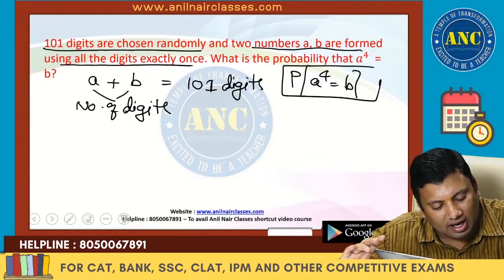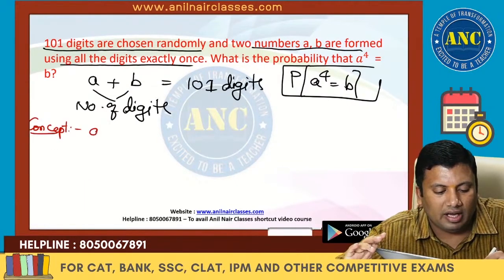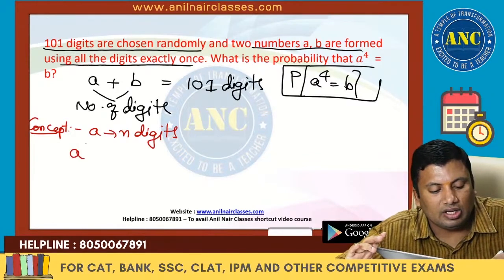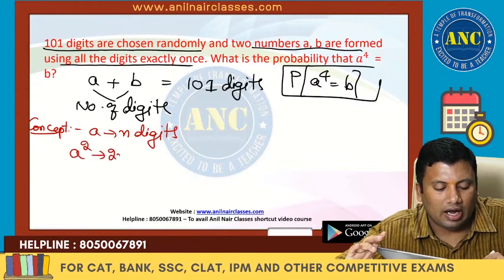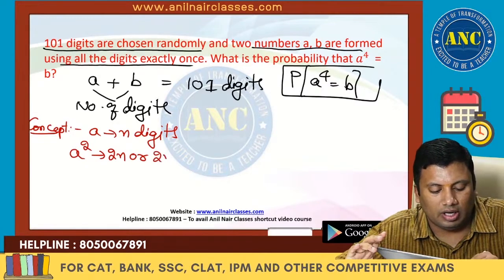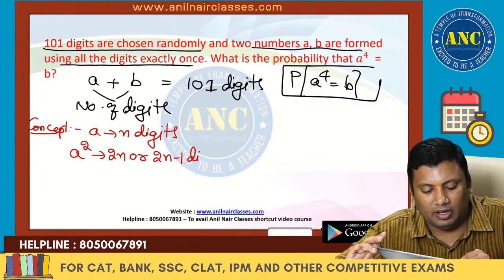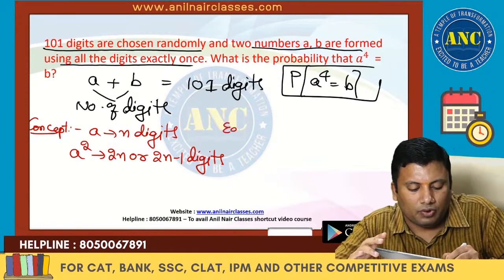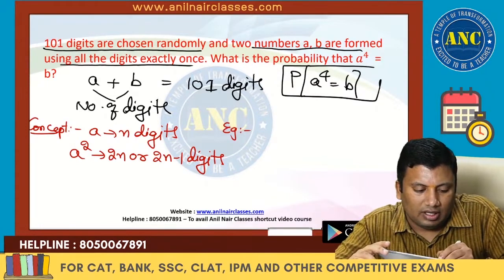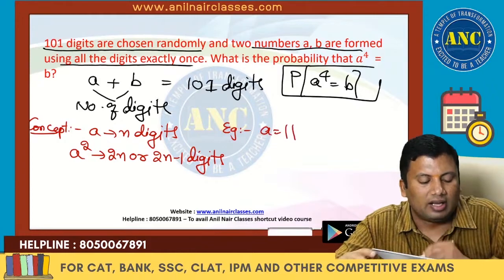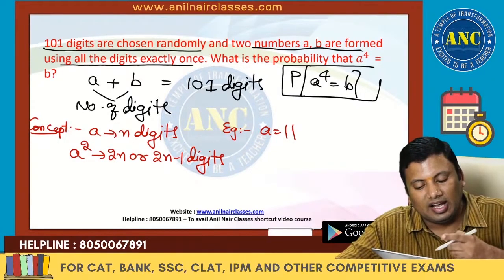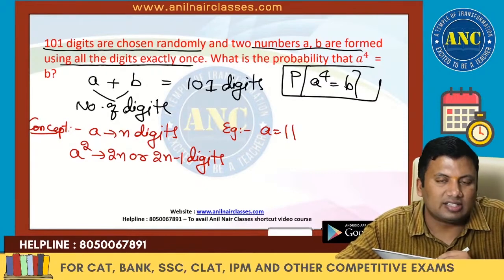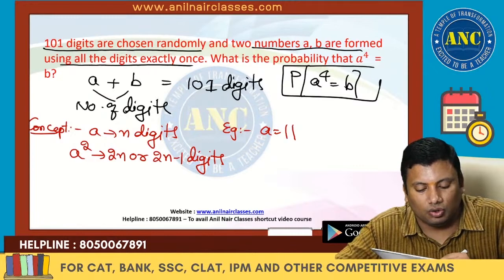Now we will see a concept. If a has n digits, a square will have either 2n or 2n minus 1 digits. It can be easily deduced by taking some examples. For example, a is 11. 11 contains 2 digits. 11 square is 121, which is 3 digits, that is 2 into 2 minus 1.